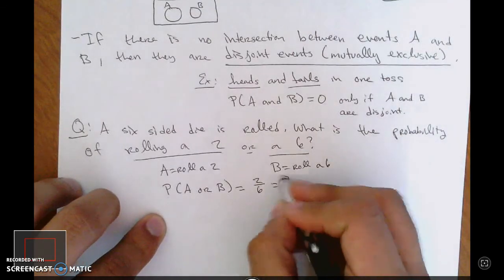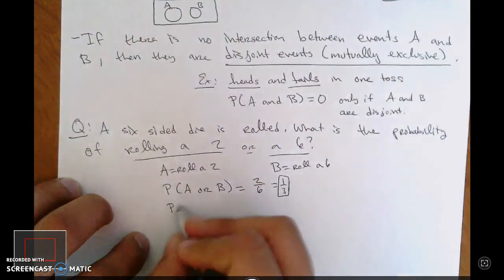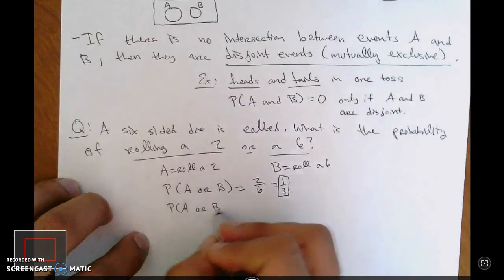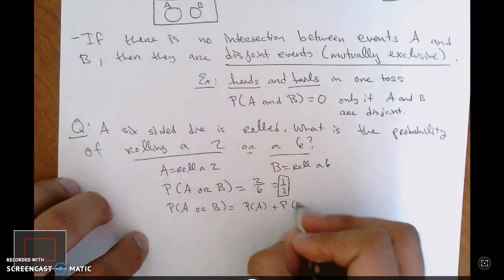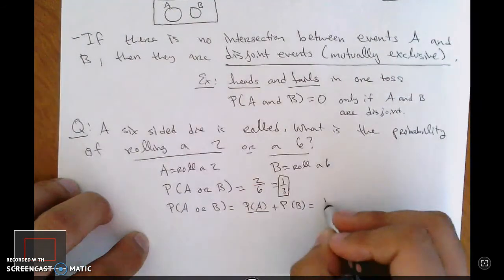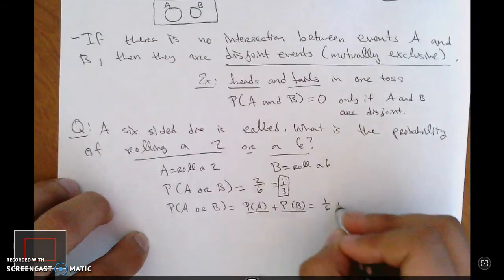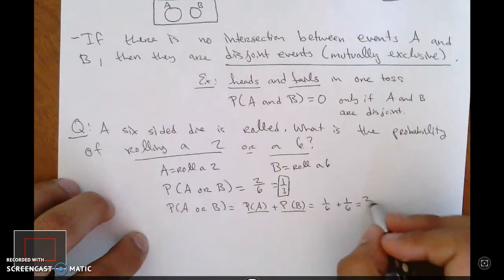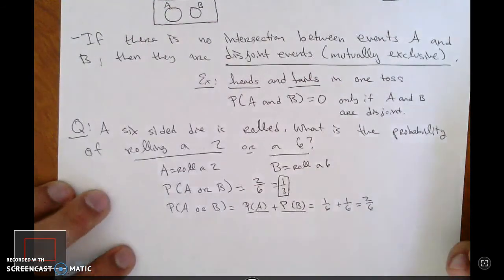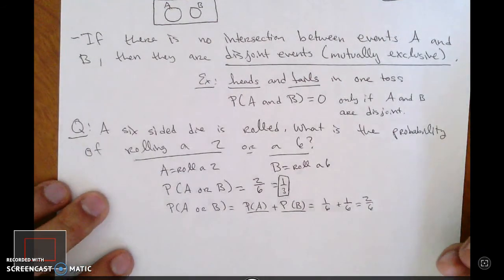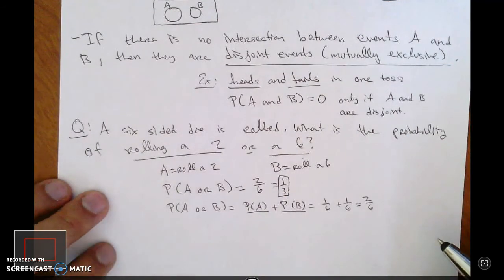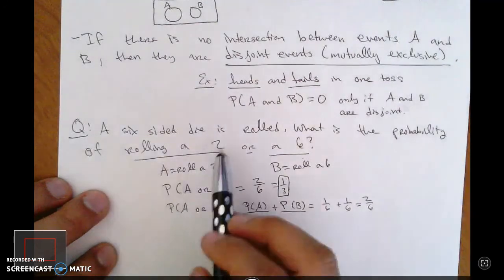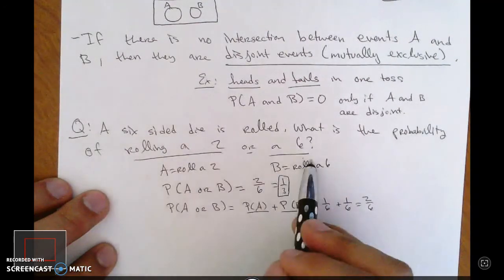So basically, what I did was I took the probability of A or B, and I took the probability of A plus the probability of B. I knew that this probability was 1/6, and this probability was also 1/6. See how it got me 2/6, same thing? The thing about this was that rolling a 2 and rolling a 6 were disjoint events, because there's no way you can roll a 2 and a 6 at exactly the same time.